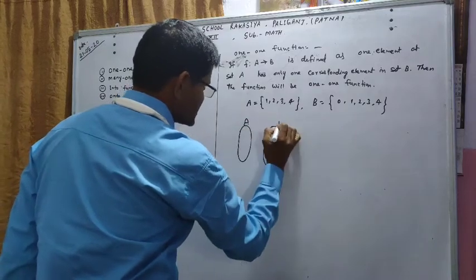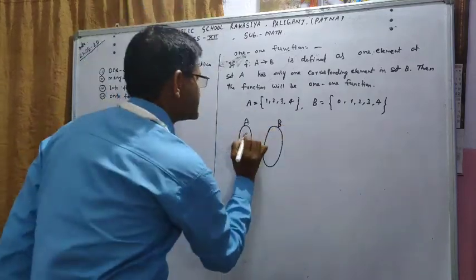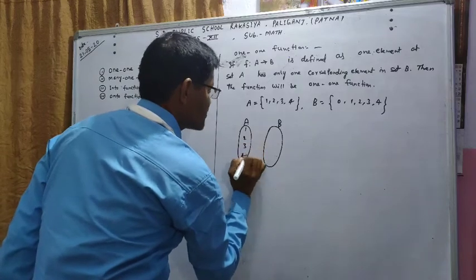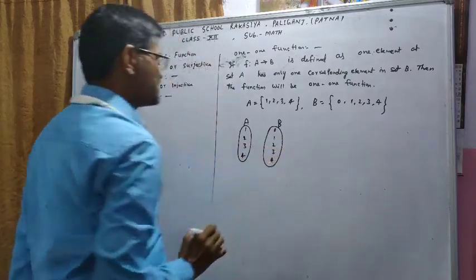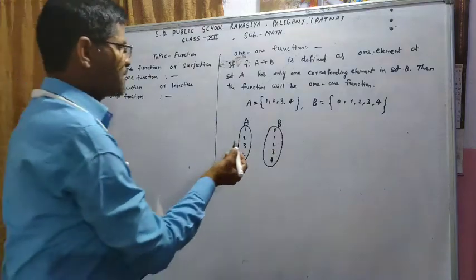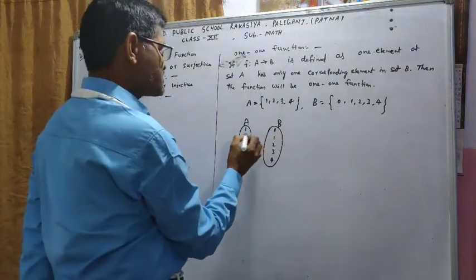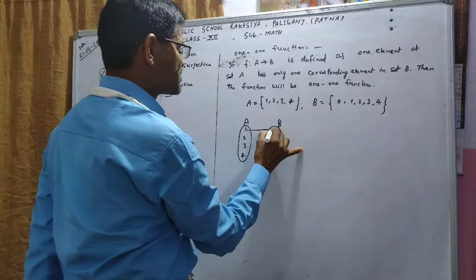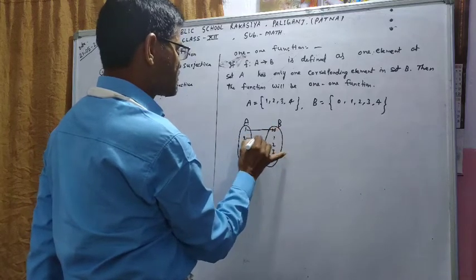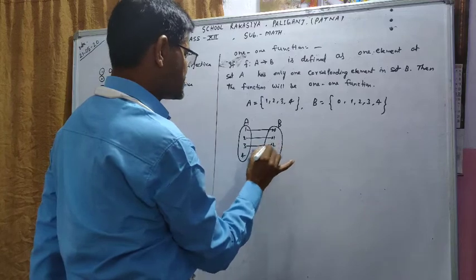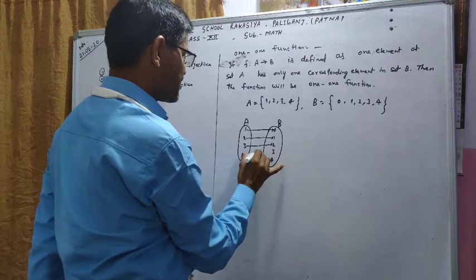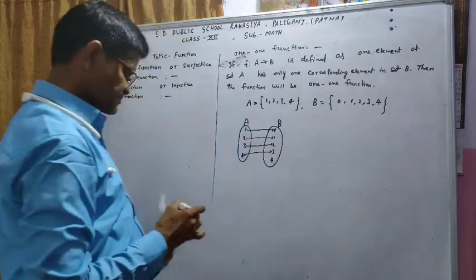The corresponding element of 1 is 0, of 2 is 1, of 3 is 2, and of 4 is 3.